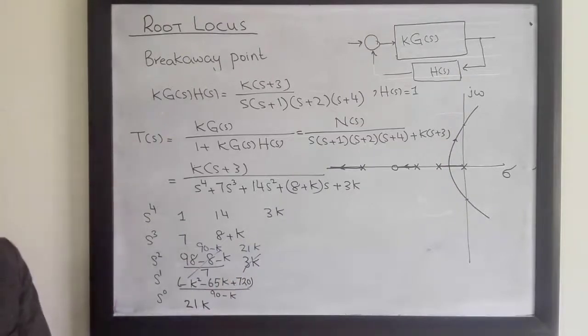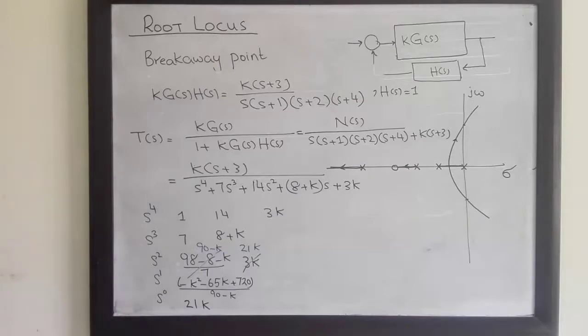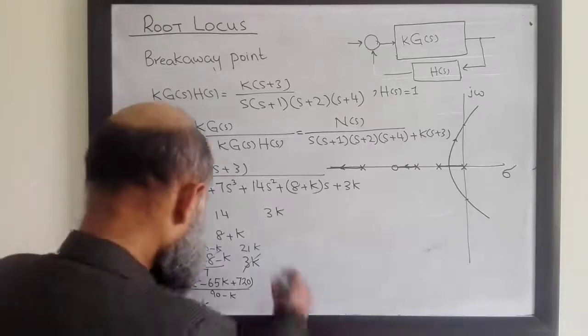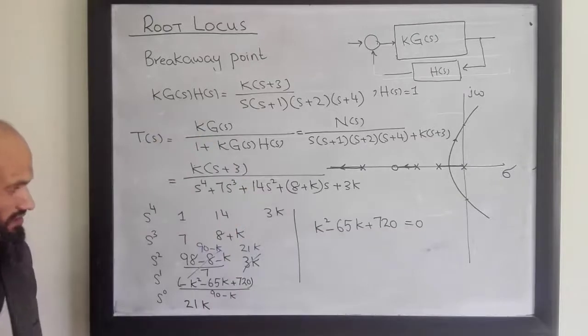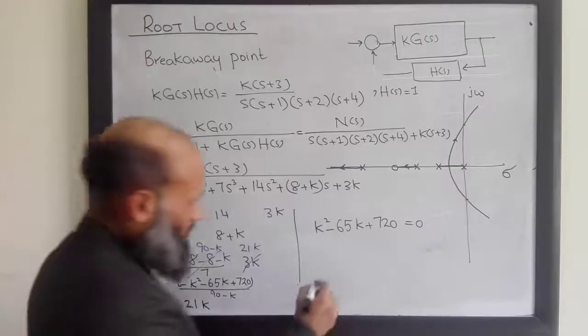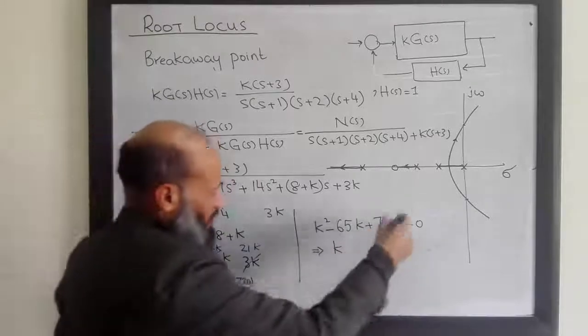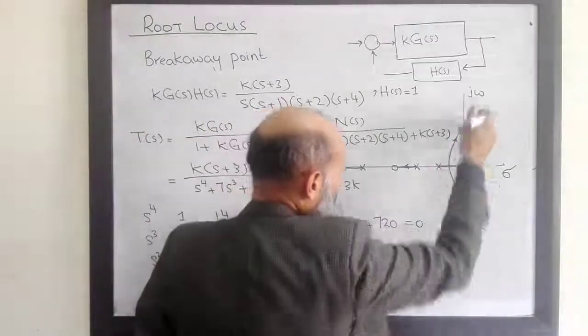So what is the value of k that makes the system critically stable? That can be determined from this expression. For critical stability, this thing should be equal to 0. For no sign change, this thing should be greater than or equal to 0; if this is less than 0, that will correspond to all these points.